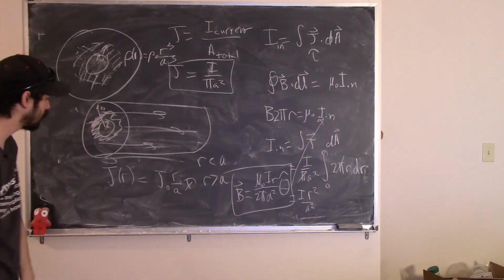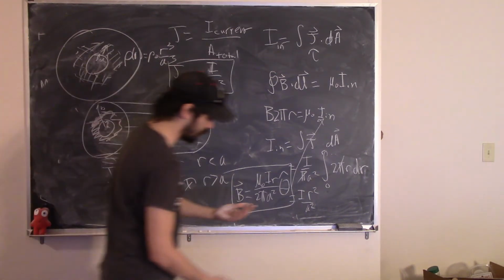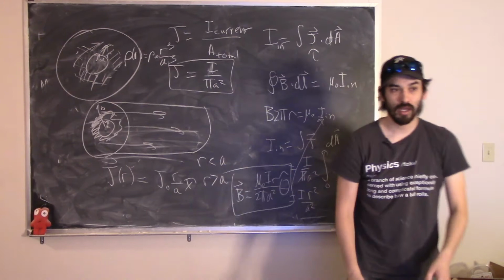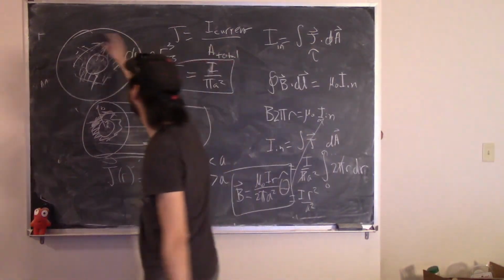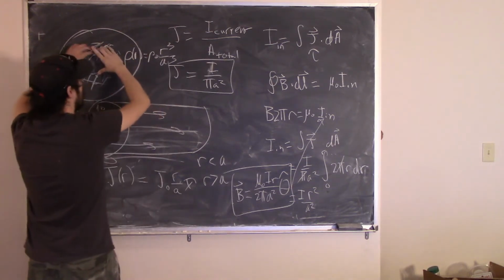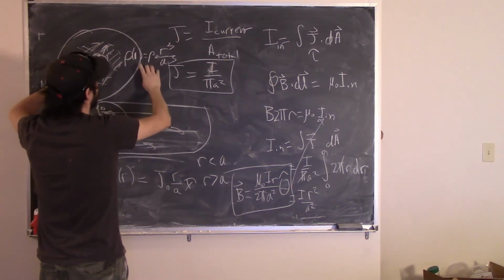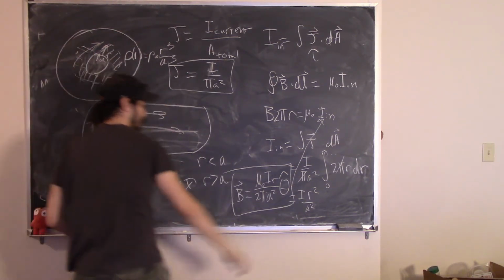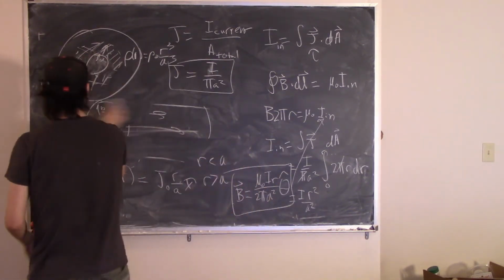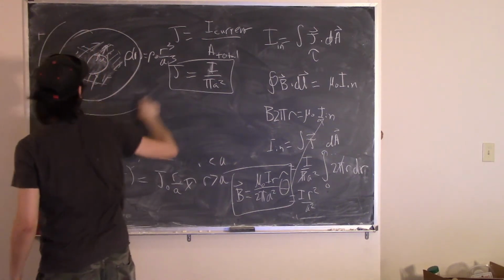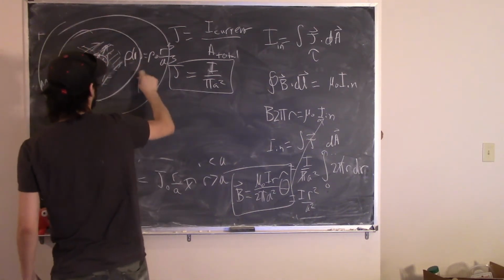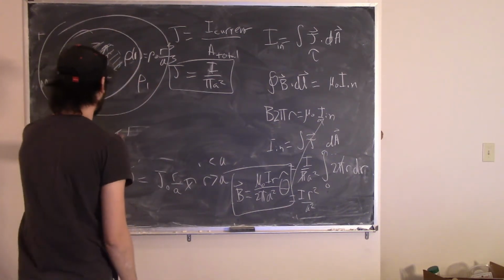So I can give you some current density that varies with radius. What's something else that I can do? Well, with our Gauss's law problems, we could have multiple charge densities. So I could put another shell around this, with rho as a function of r here, and then make this outer one a constant, rho 1. I can do the same thing here.